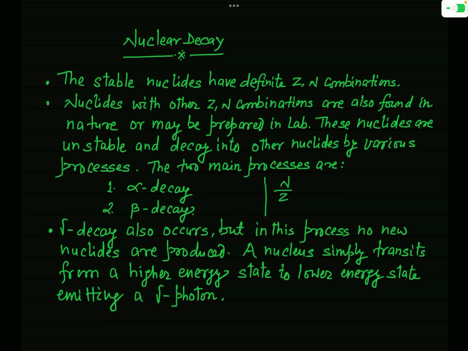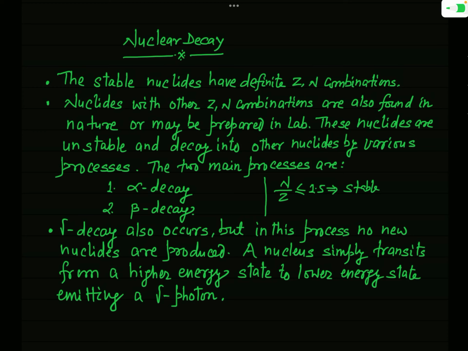In general, not very strictly, but in general you can say that if this ratio N over Z is less than or equal to 1.5, then most of the nuclei are mostly stable, although there are some exceptions, because in nuclear physics you cannot state any strict rule.